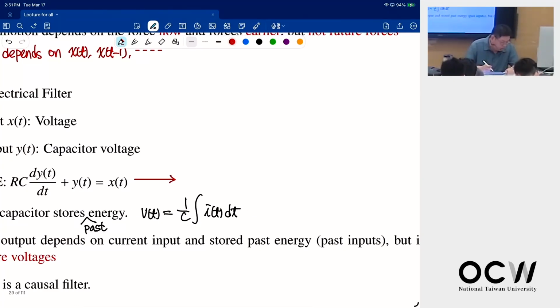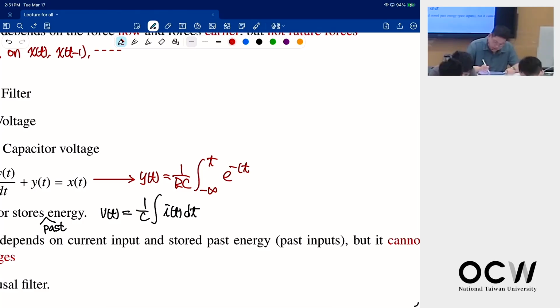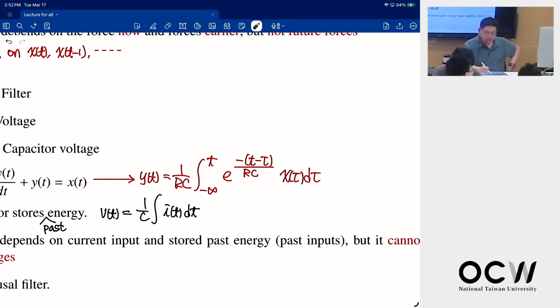Your y is 1 over RC integration from minus infinity to t of e to the minus (t minus tau) over RC times x(tau) d tau. So you see that it's from the past, minus infinity, to the current t.